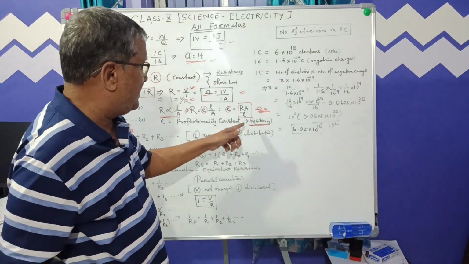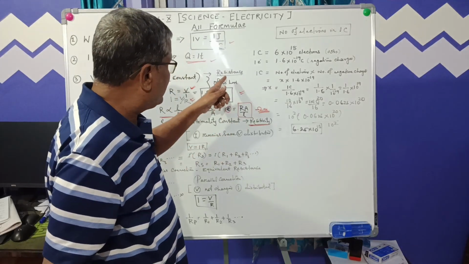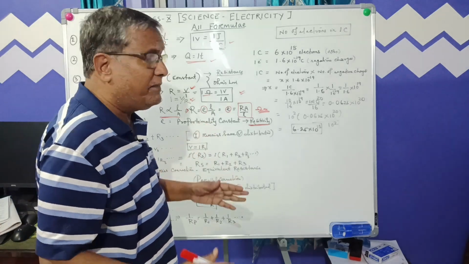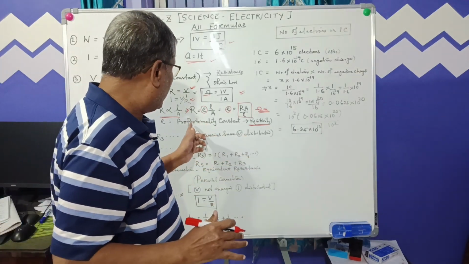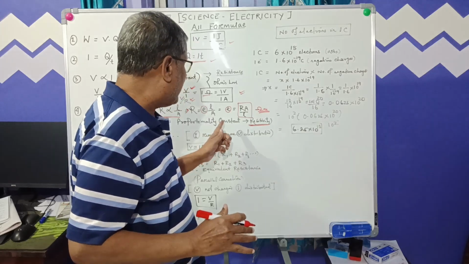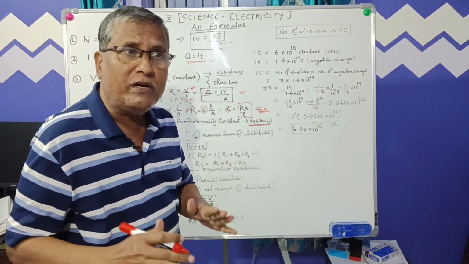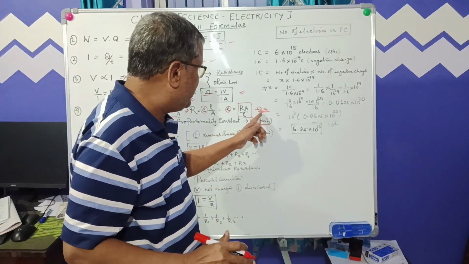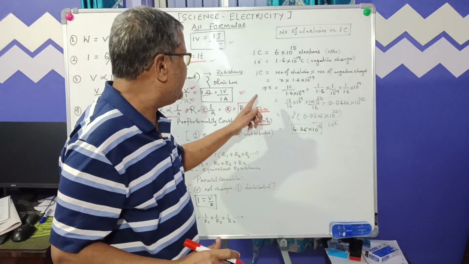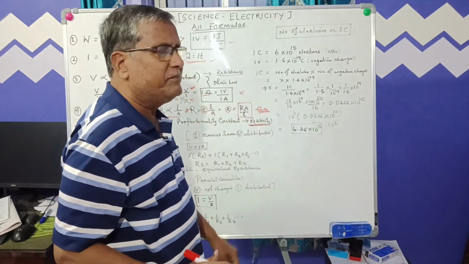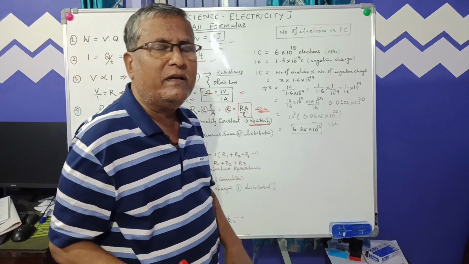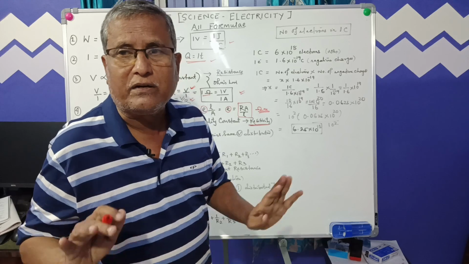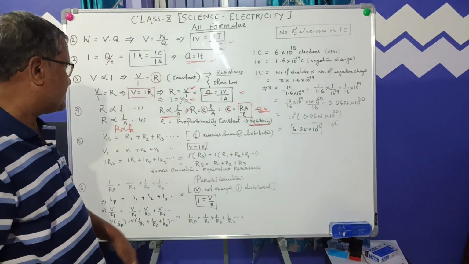It is a proportionality constant and it is different for different metals and conductors. Here the unit is ohm. Both increase or decrease with temperature, that we shall discuss.